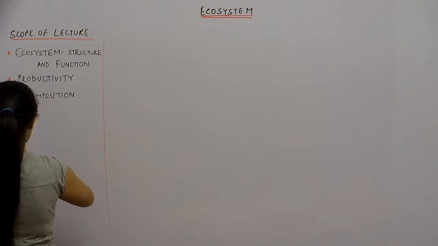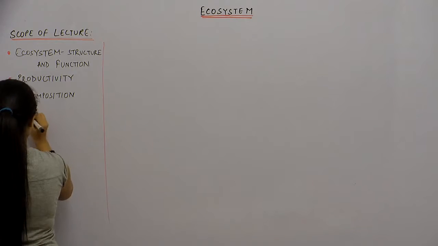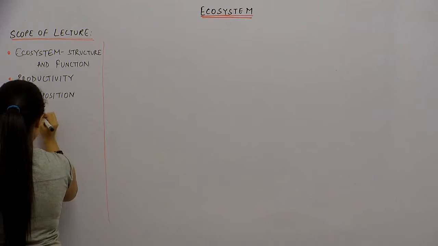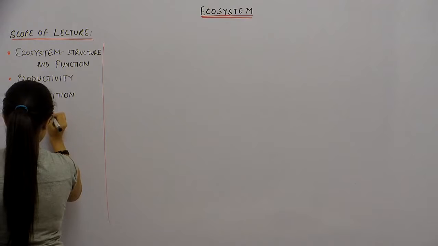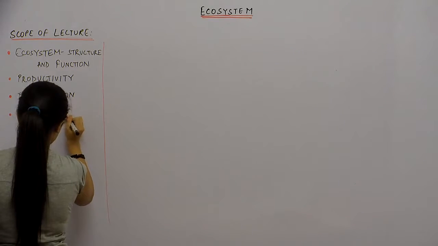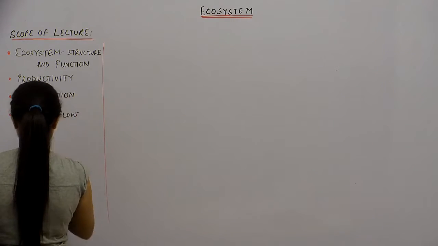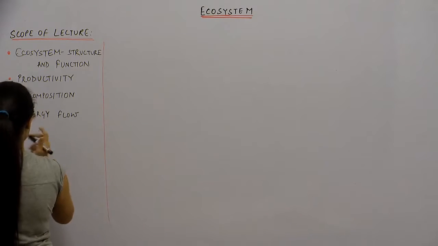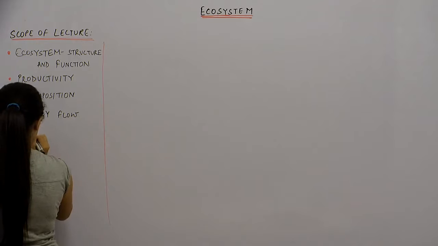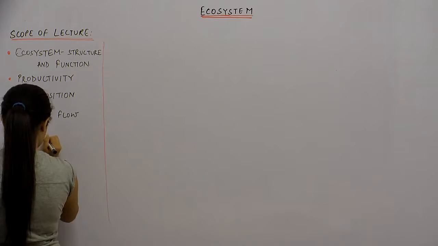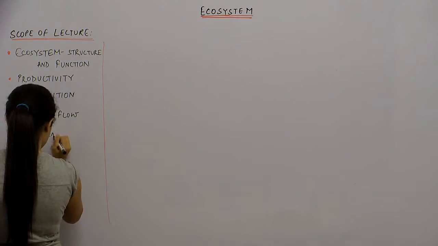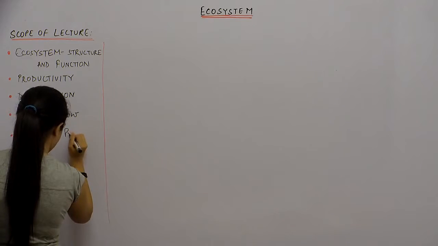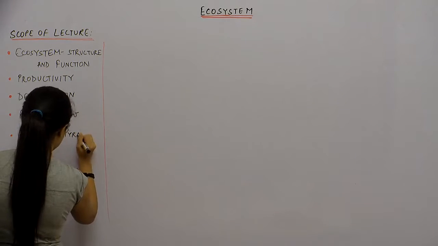The fourth one is energy flow. The fifth one is ecological pyramids.